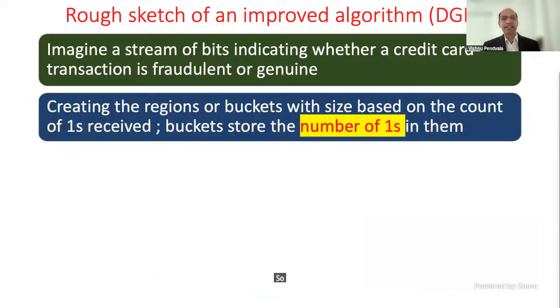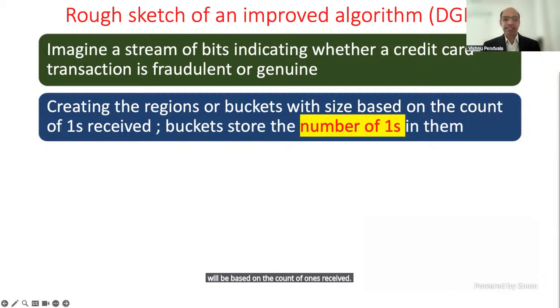So creating the regions or buckets with size based on the count of ones received. The buckets store the number of ones in them, just like before. But the difference is this time the buckets will be based on the count of ones received.